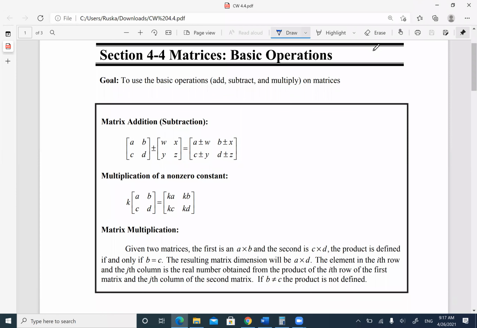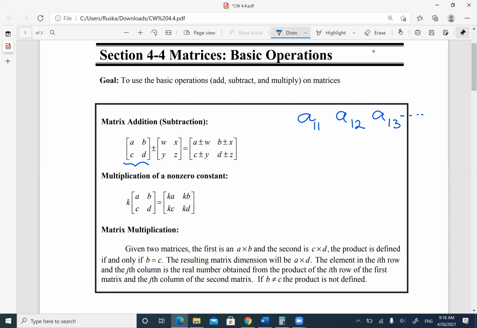A matrix is a little table which looks like this. It could have any number of rows and any number of columns. So this is how the matrix looks. I'm going to use A1,1, A1,2, A1,3, and so on.